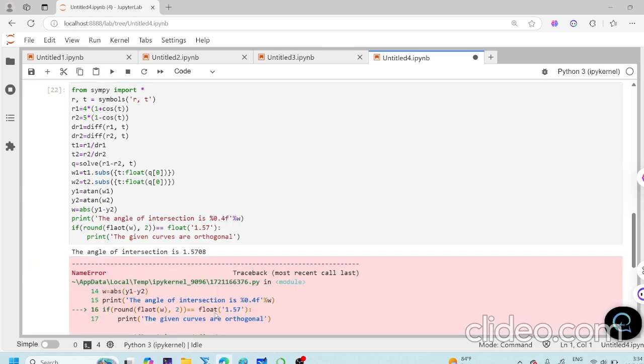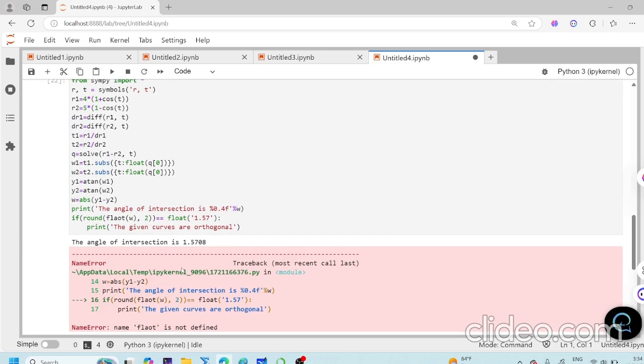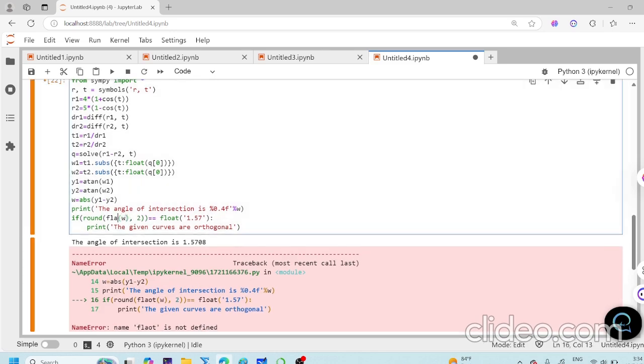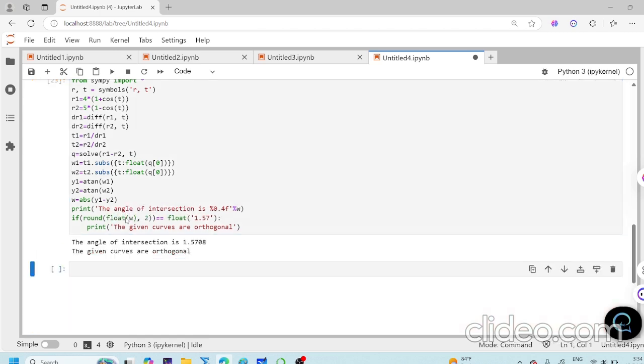Okay, that's it. The given curves are orthogonal.